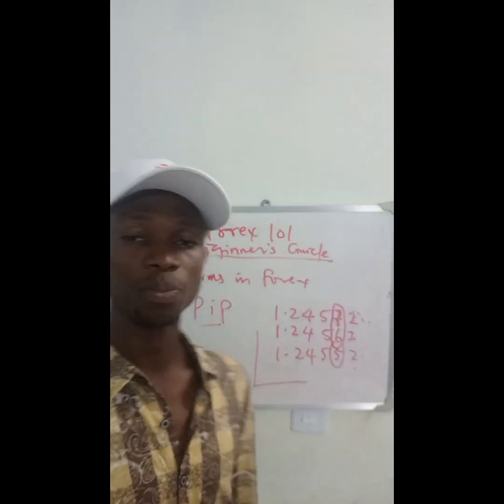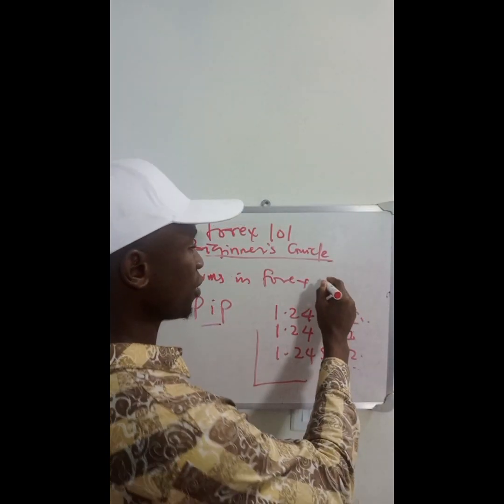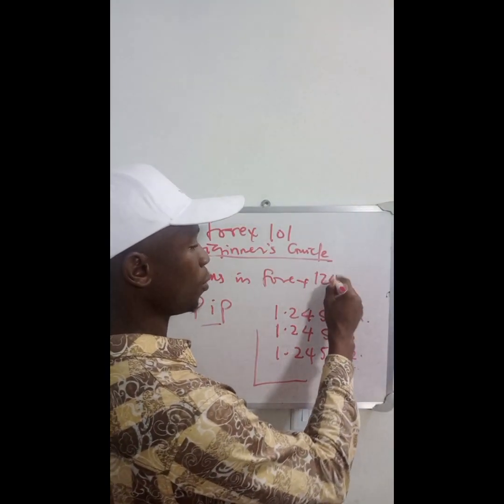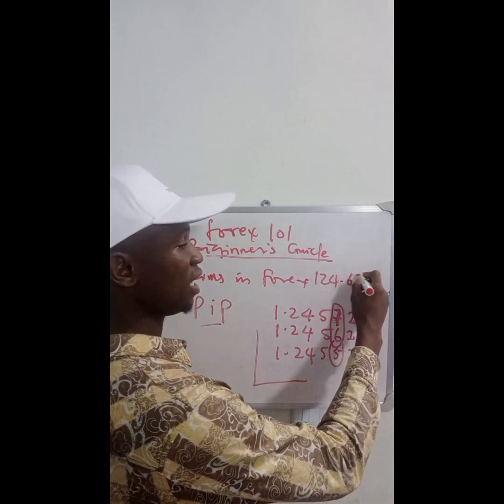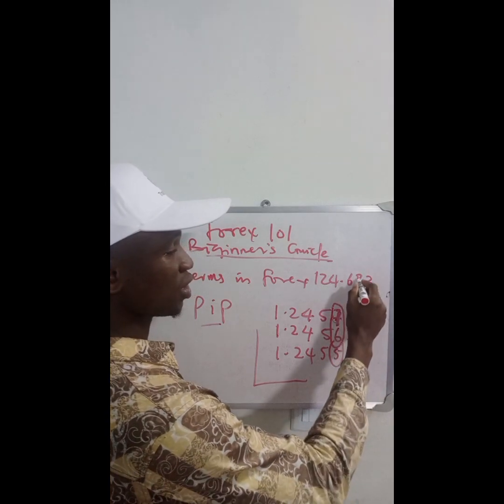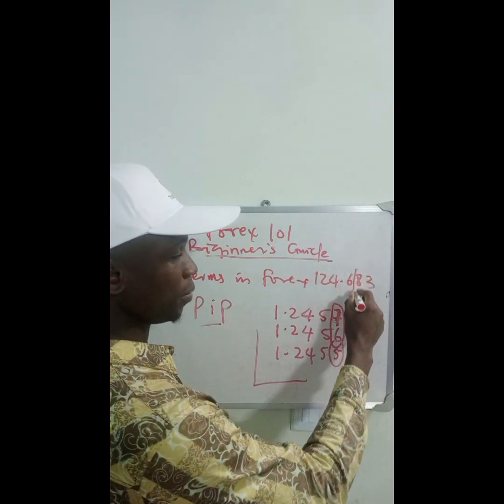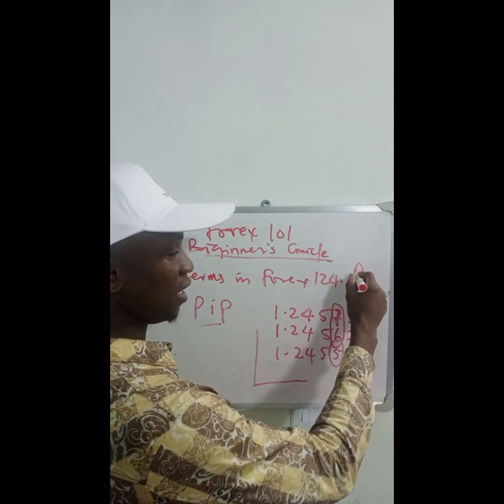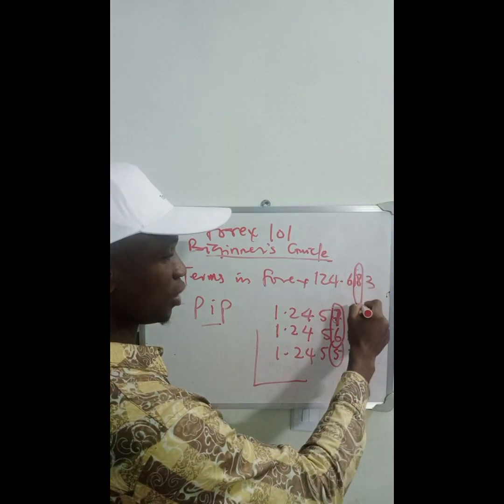But there are some currency pairs like JPY, where you can see 124.683. In such cases, you check here. The value here becomes the pip. This is where you pay attention most of the time.